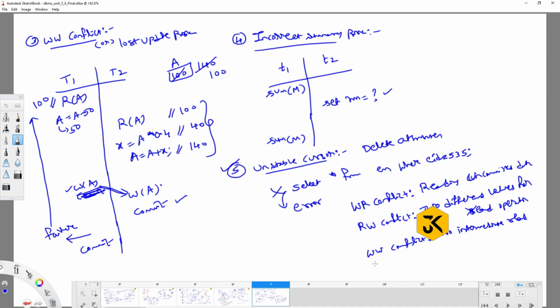So what is another problem? Incorrect summary. Why are you getting the incorrect summary? Because when you are trying to perform update operations over summarized values, we are going to get the incorrect summary problem. What about the unstable cursor?